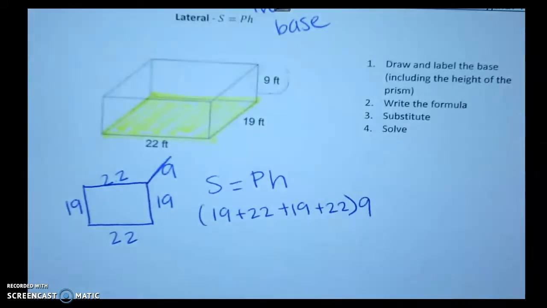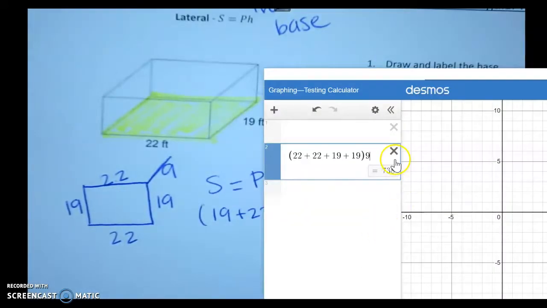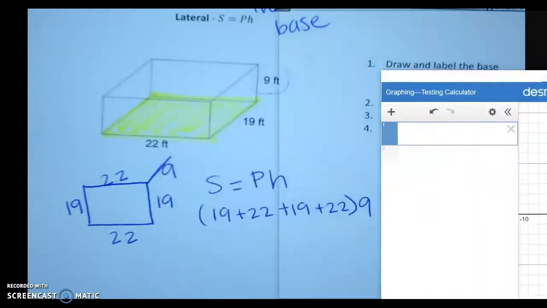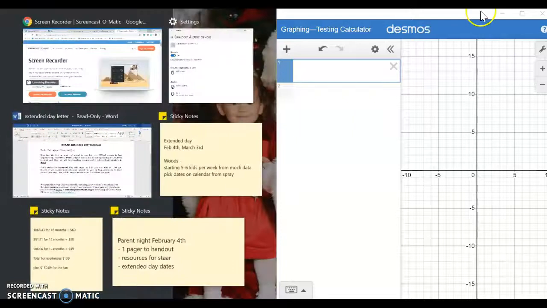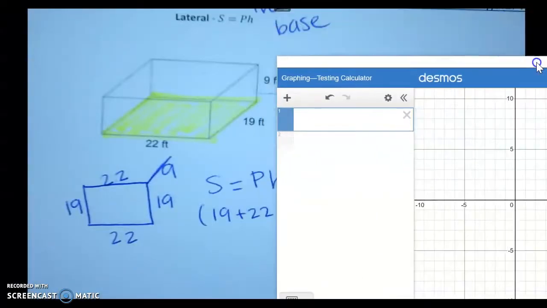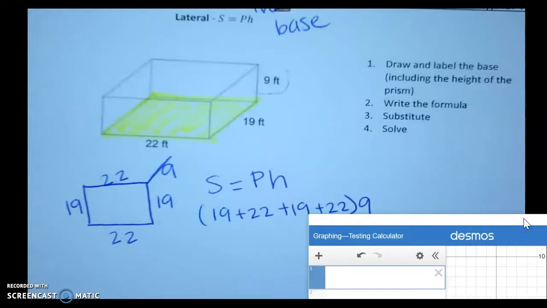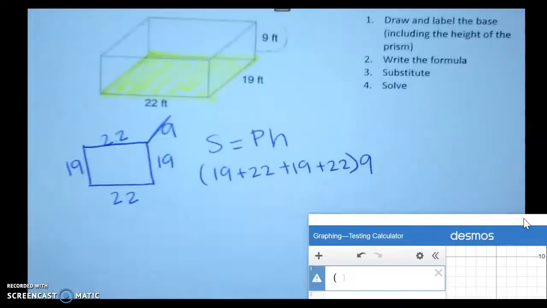Solving, though, is as easy as just opening your calculator and typing it in, okay? So I'll open my calculator and bring it down here so we can still see. So I've got 19 plus 22 plus 19 plus 22, and then times 9.